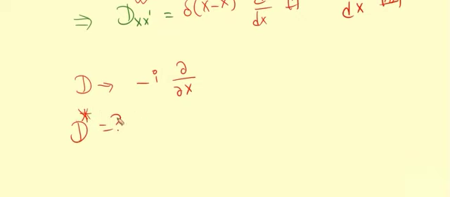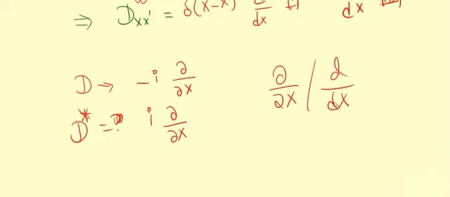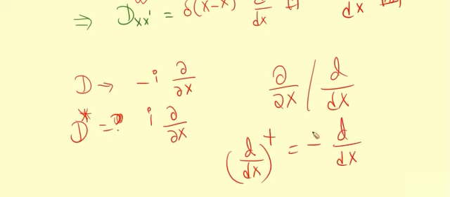So D star will just be i del/del x. All right. In fact, this whole thing, that is a partial derivative, or these derivatives like this, are not Hermitian operators, they are anti-Hermitian operators. So if you have an operator like this and you want to dagger it, it will pick up a minus sign like this.